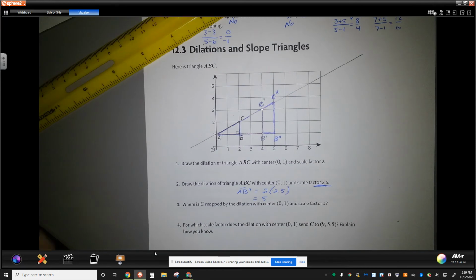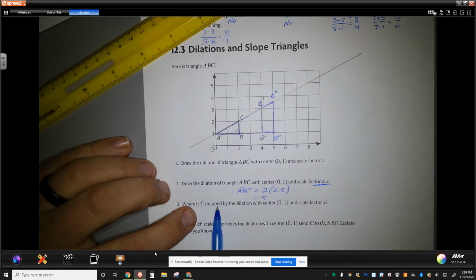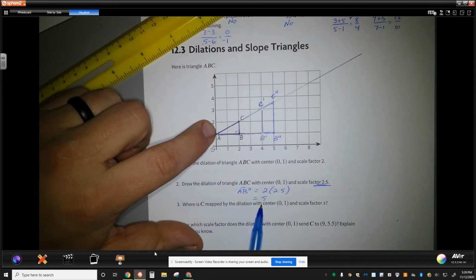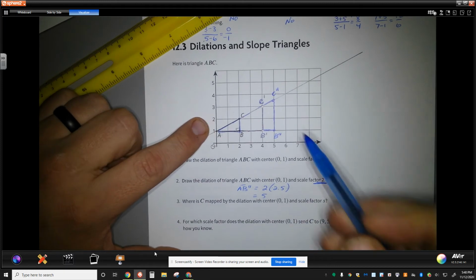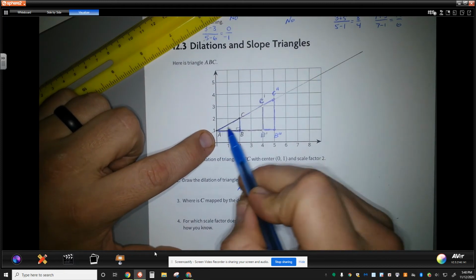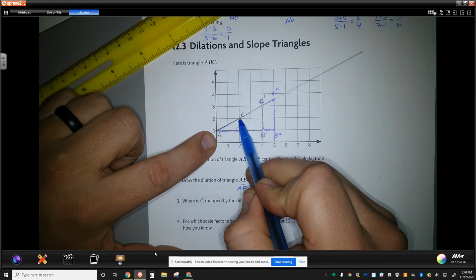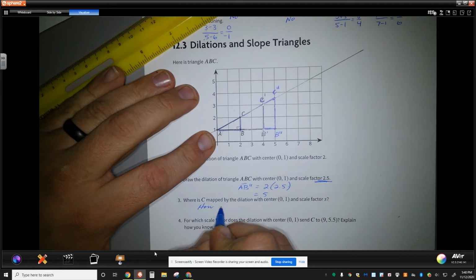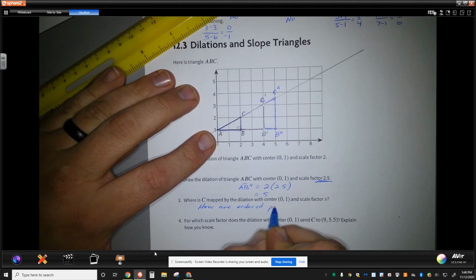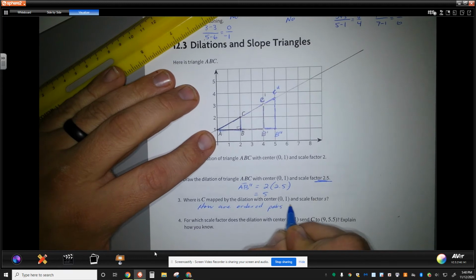So the question is, where C is mapped by a dilation with a center of 0, 1 and a scale factor of S, where is C mapped by a dilation? When I don't know the scale factor, let's look at this from another route then. Where is C mapped? Meaning, how are ordered pairs affected?